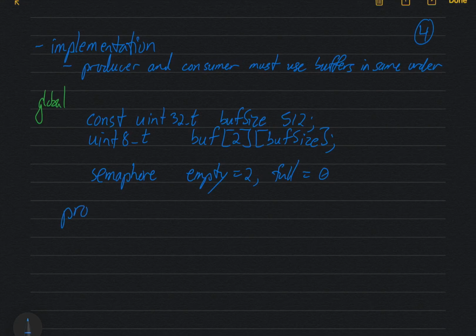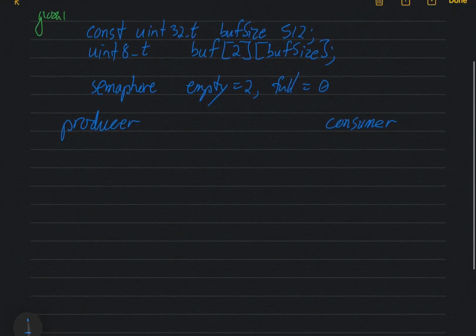And so we've got our producer on the left, our consumer on the right, and we need an index, and the index will be initialized to 0. Same for both of them. They're going to start with the first buffer.